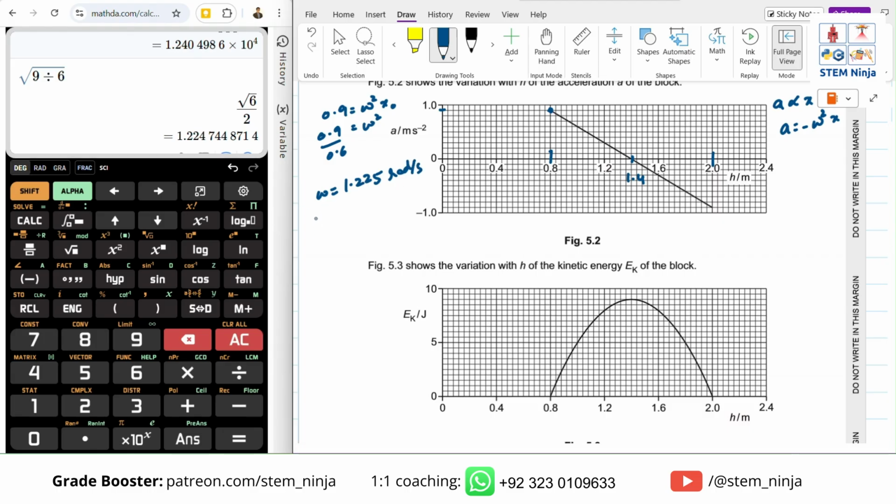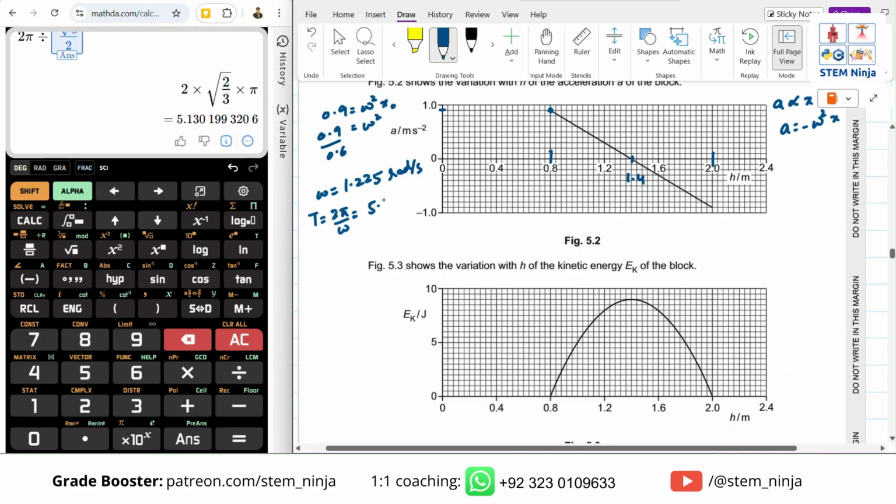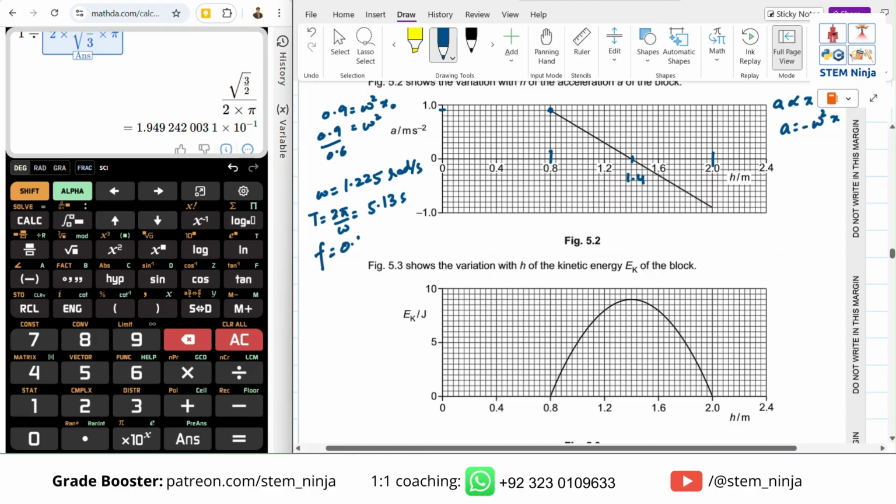If omega is this, time period would be 2 pi over omega. So 2 pi divided by the answer is 5.13 seconds, and frequency would be 1 divided by that answer, so 0.1949 hertz.